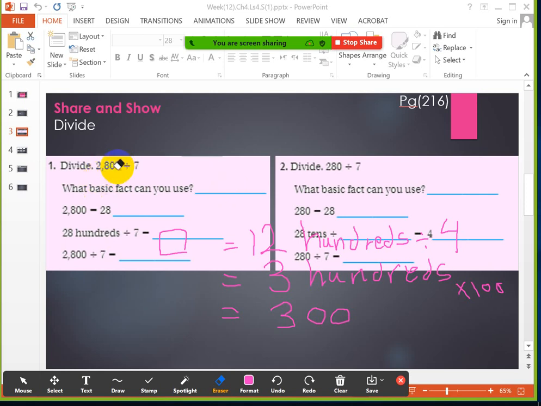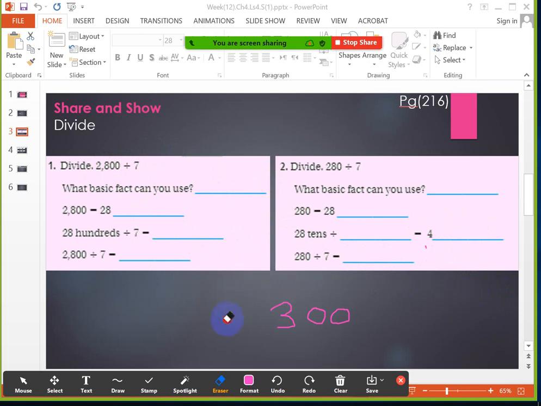Divide 2800 by 7. Let's solve this example. So here I want to divide 2800 by 7.